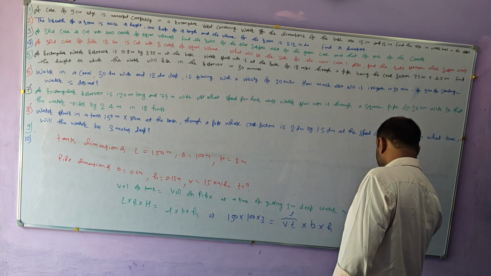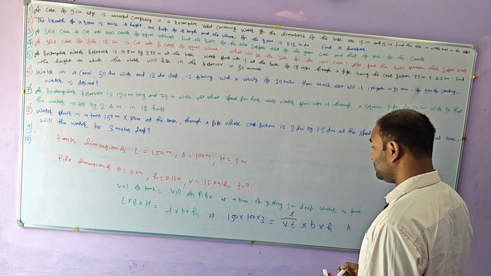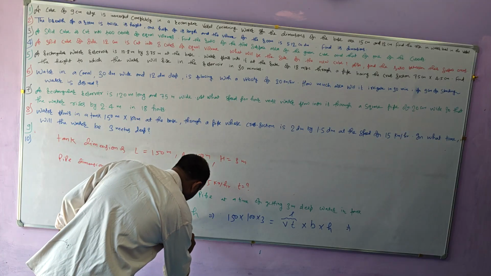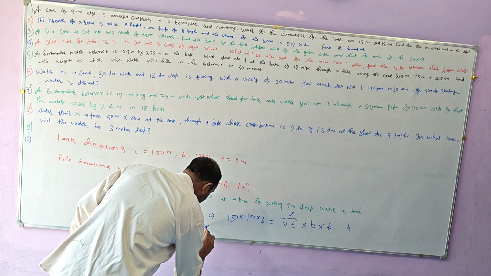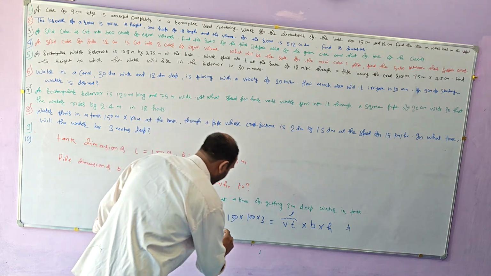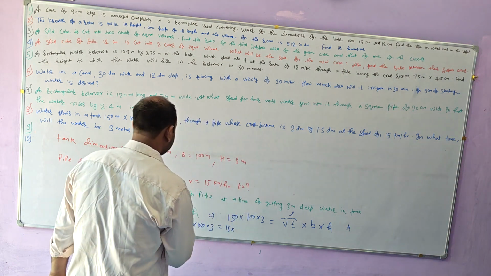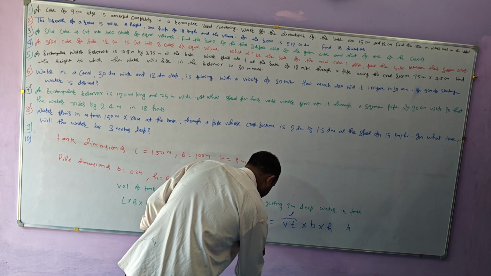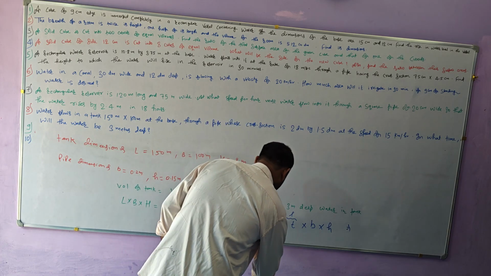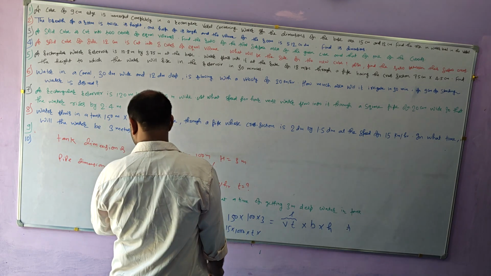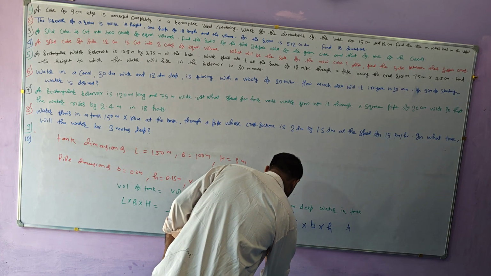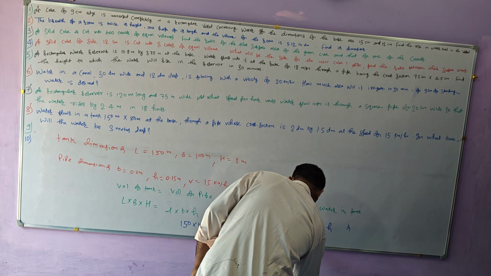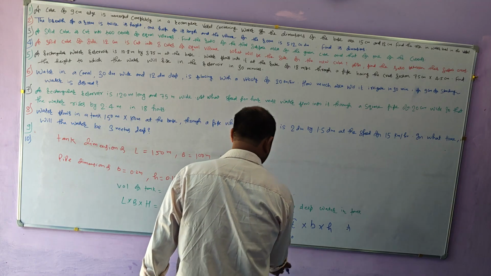So we get 150 into 100 into 3 and 15 kilometer per hour, that means 15 into 1000 into T into the base 0.2 meter and height 0.15 meter.